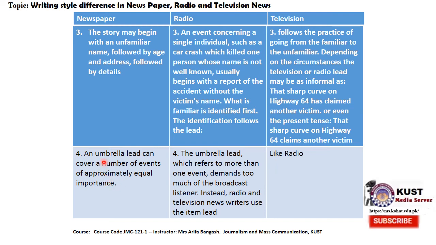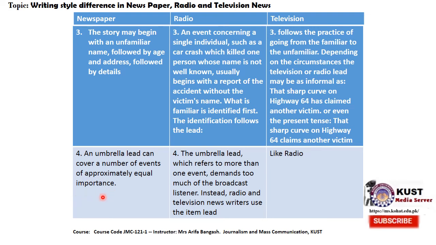Now come towards the type of a lead. It's called the umbrella lead. What is an umbrella lead? An umbrella lead can cover a number of events of approximately equal importance, same as radio.